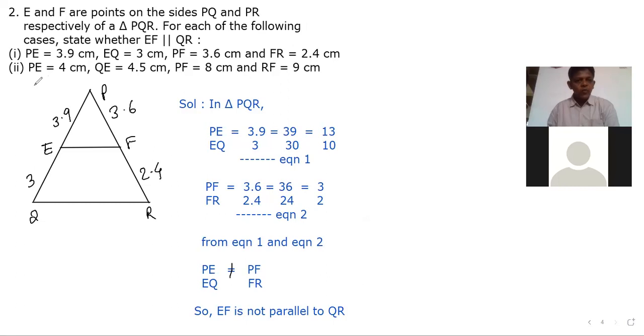This second one you do for homework. No, second one we will do it now only. Yes. Now let me do the second one.